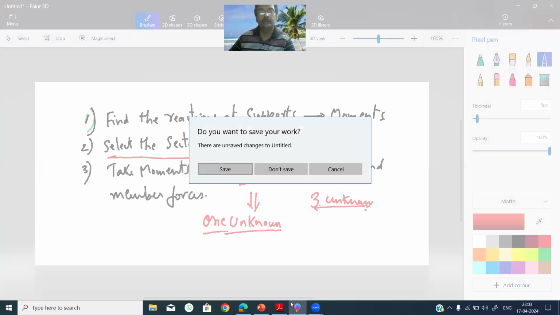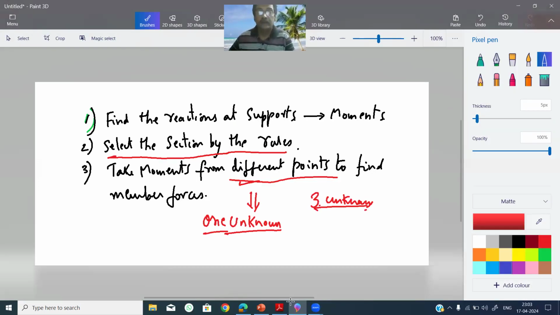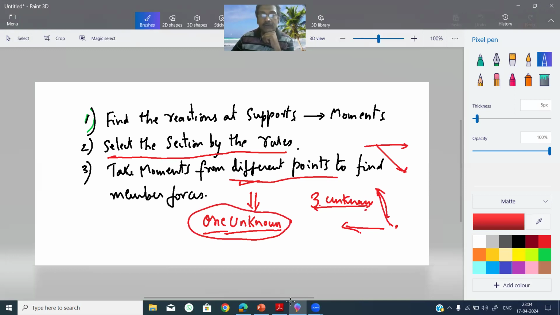So in the earlier case, it is one force like this, one force like this, and other force like this, some other force like this. So we need to select a particular point so that many of the forces must be passing through that point. So automatically their moment will become zero. Finally, I need to be left with one unknown.